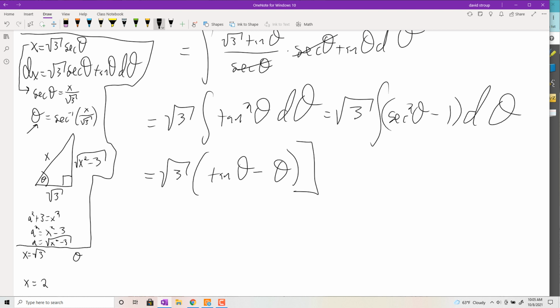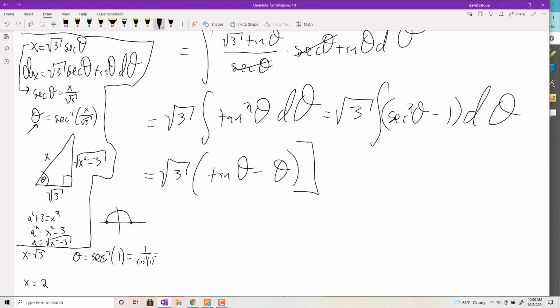So you'll have theta equals secant inverse of root 3 over root 3, which is 1. Secant inverse is just like cosine, right? So it's really 1 over cosine inverse of 1. Cosine inverse of 1, and you have to think about the range of cosine inverse. The range of cosine inverse is from 0 to pi.